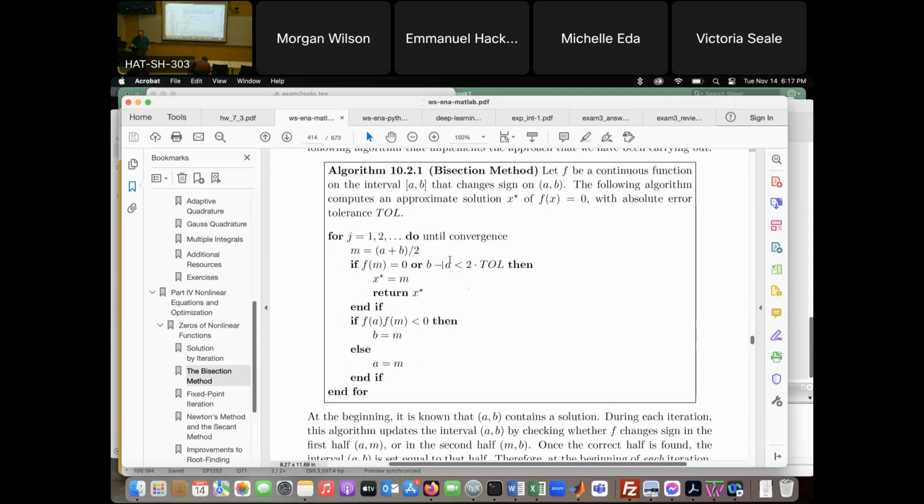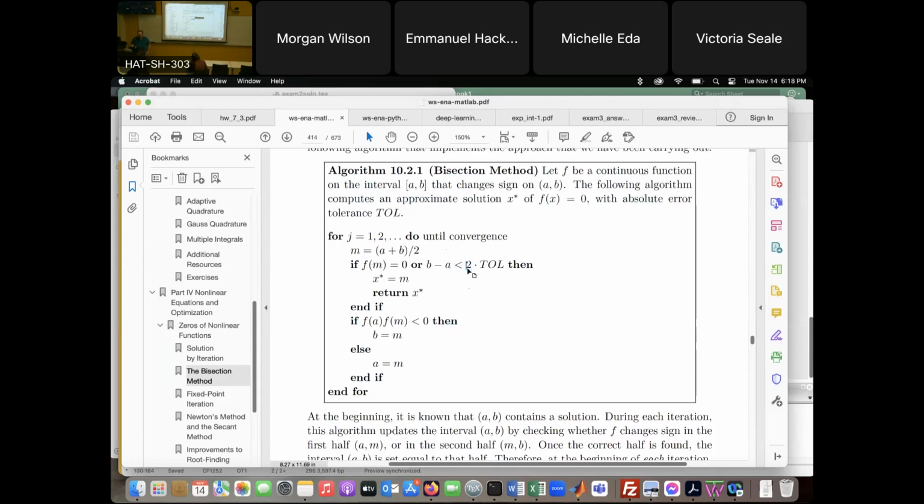Oh, wait. I was about to say something totally wrong. Let me back up a bit. If you know that there's a root inside the interval AB, then the midpoint has to be within b minus a over 2 of that root.